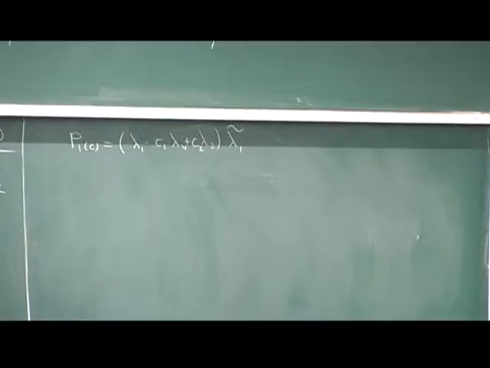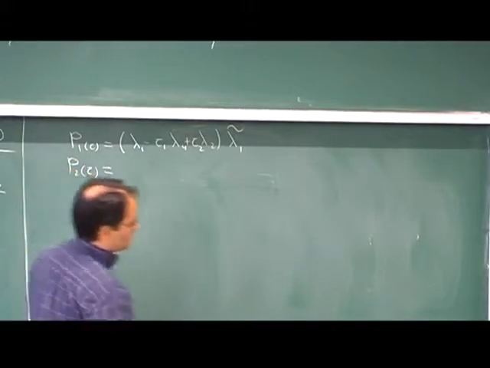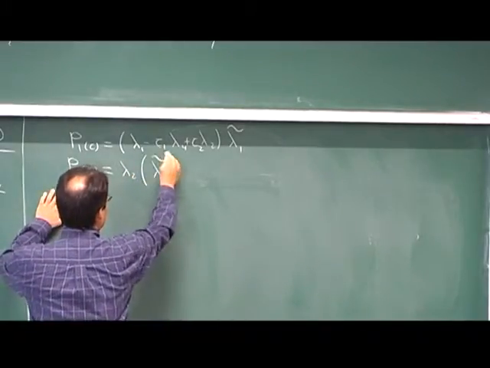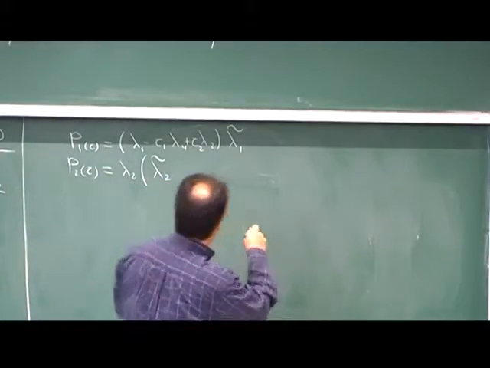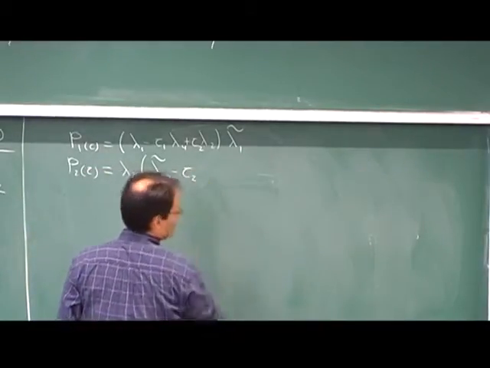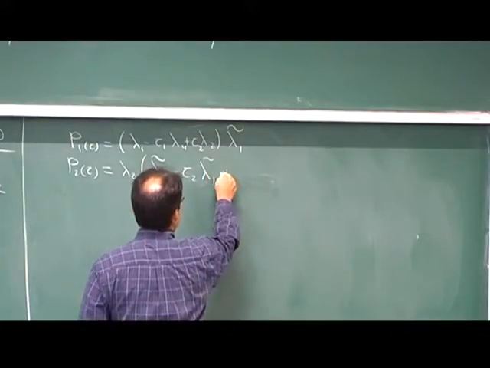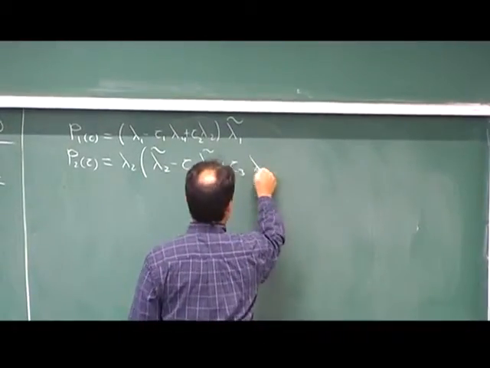So that's great. P2 of tau now becomes lambda 2 tilde minus tau 2. Q2 has a lambda 1 tilde plus tau 3. Q3 has a lambda 3 tilde.